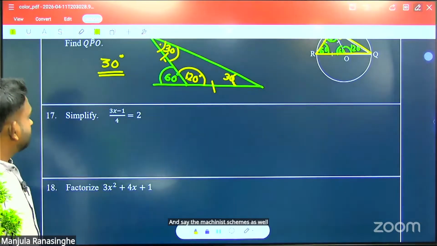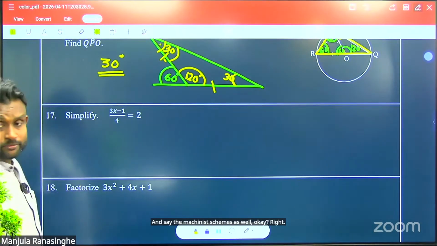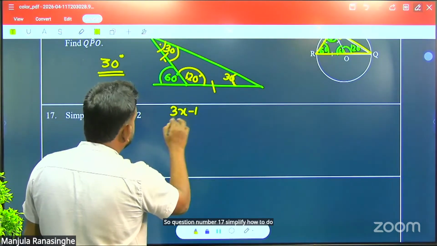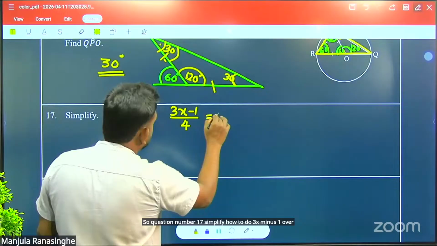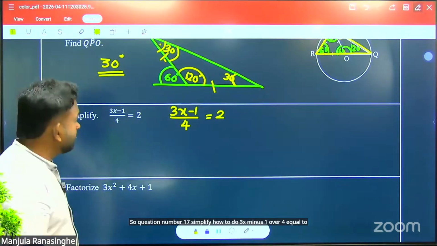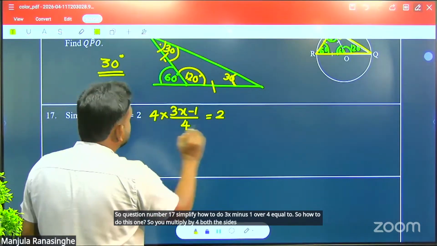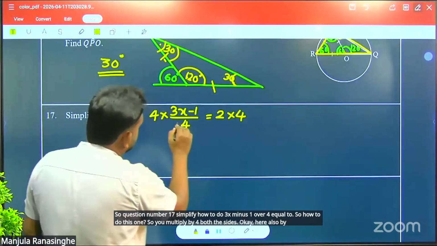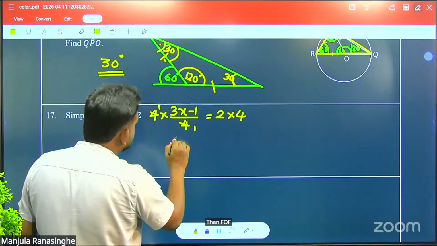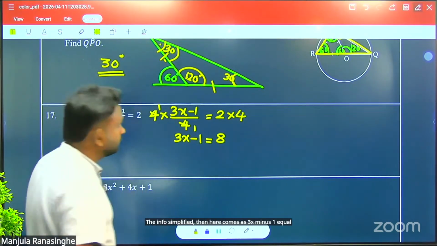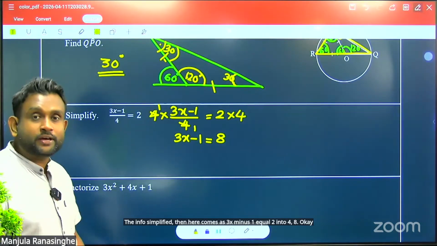Okay, right. So question number 17, simplify: (3x minus 1) over 4 equals 2. How to do this one? You multiply by 4 on both sides. The 4 is simplified, so here it comes as 3x minus 1 equals 2 into 4, which is 8. Then minus 1, how to cancel?